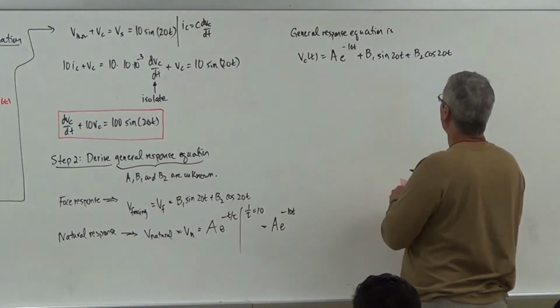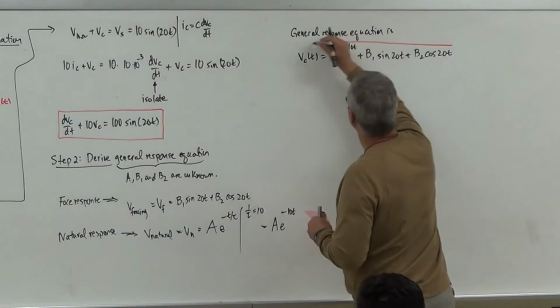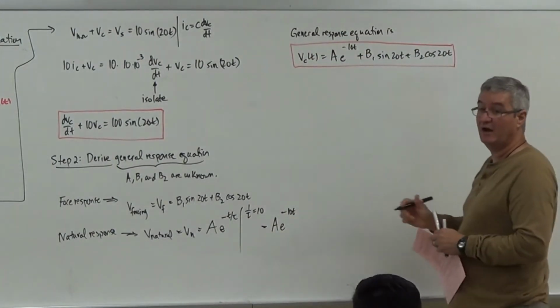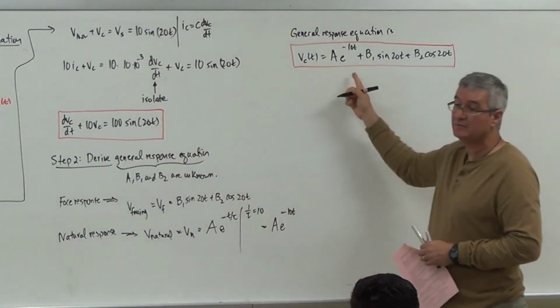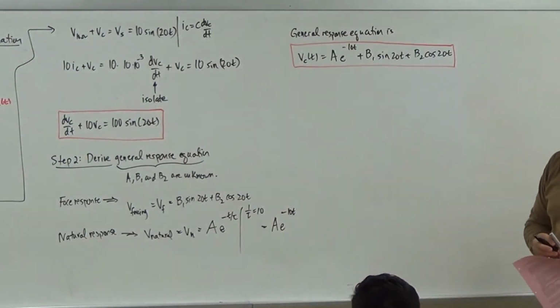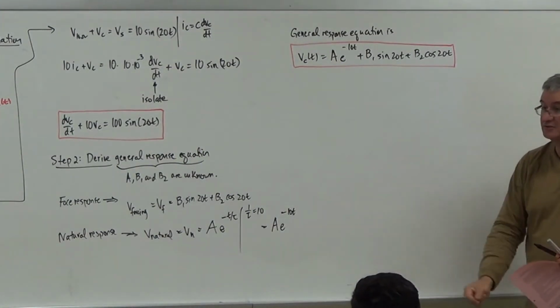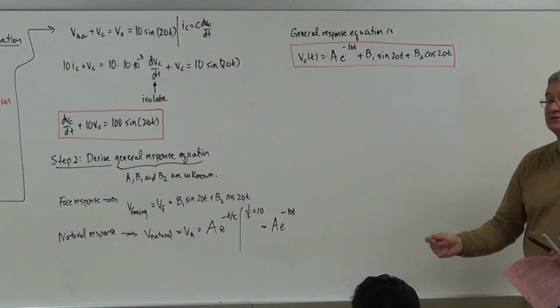And so right here, this is my general response. So just by inspection of this equation, you should immediately write that down. So I'm thinking of step 1 and step 2 as a process where you go like, okay, here's the equation, here's the general response.